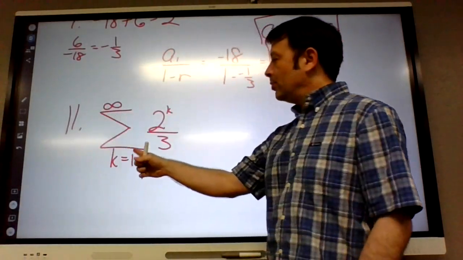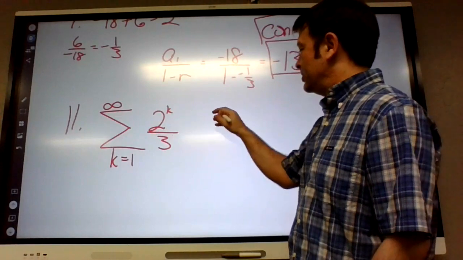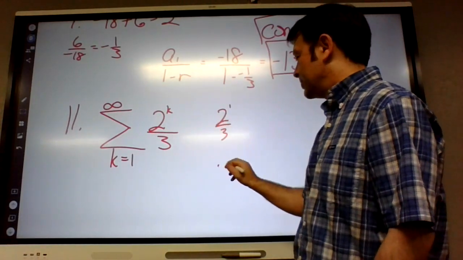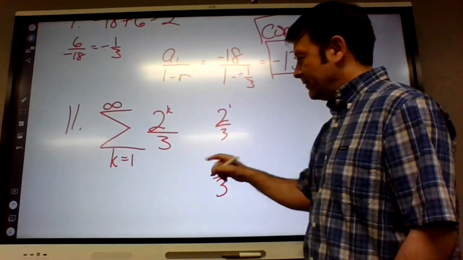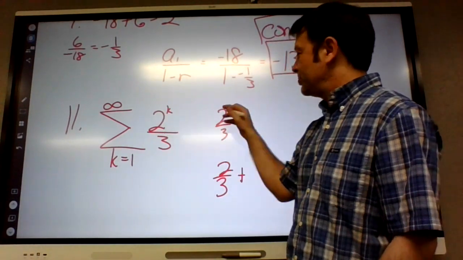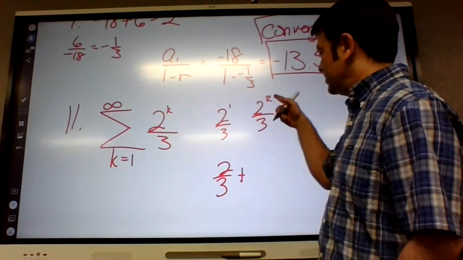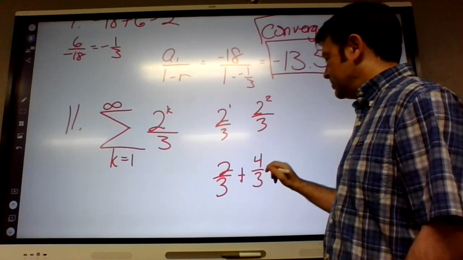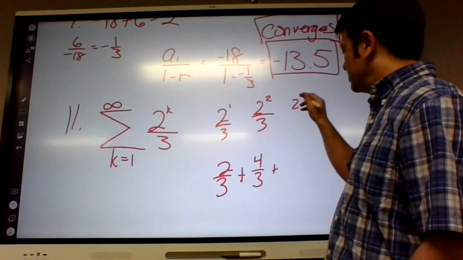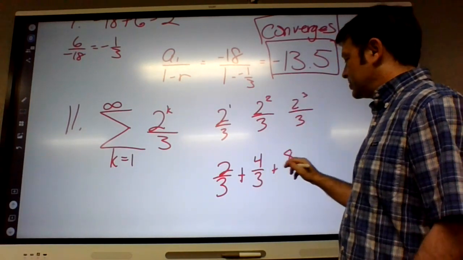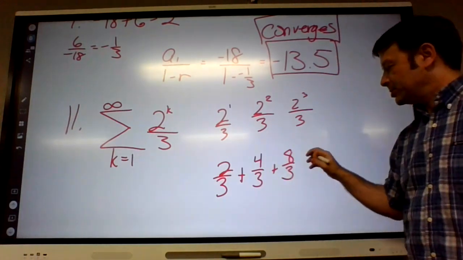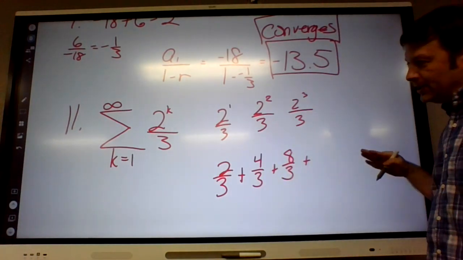If I plug in 1, 2 to the 1 over 3 is just 2/3. If I plug in 2, 2 squared over 3 is 4/3. If I plug in 3, it'll be 8/3, and then we go all the way to infinity.